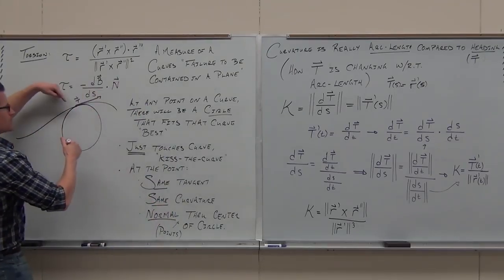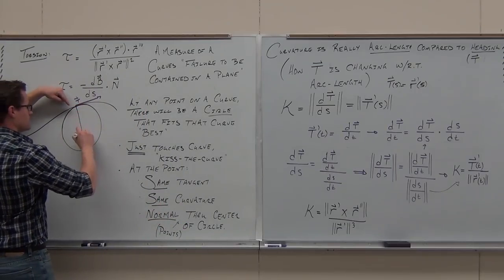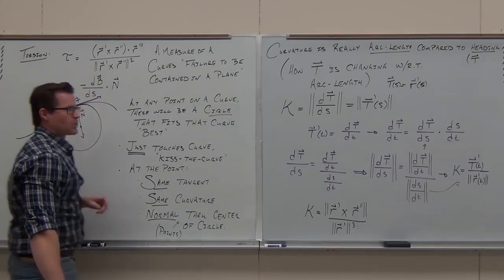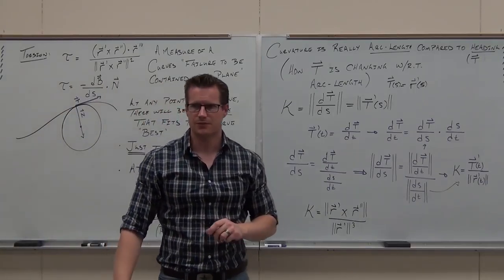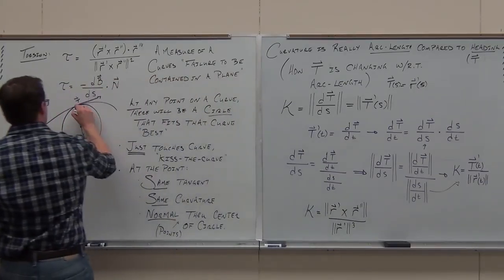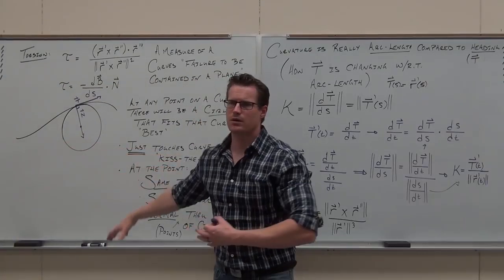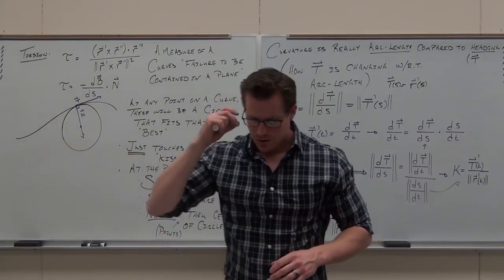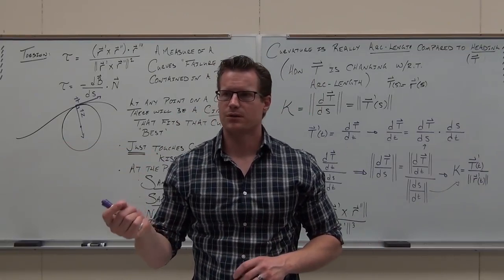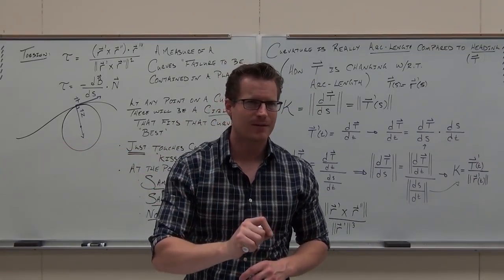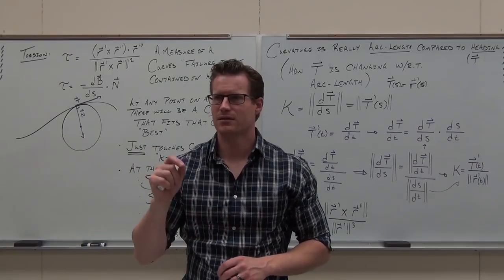If I find a normal, that normal is going to point through the center of that circle. This is what I just described with all these words. This circle is called the osculating. Can you say osculating? Osculating. Osculating circle.